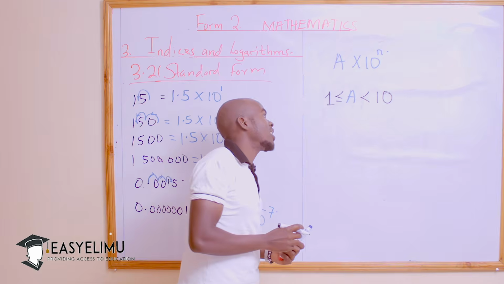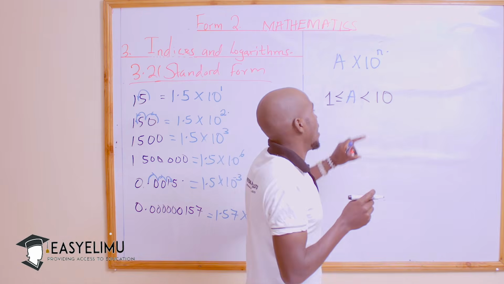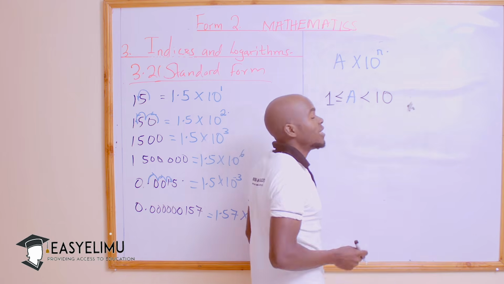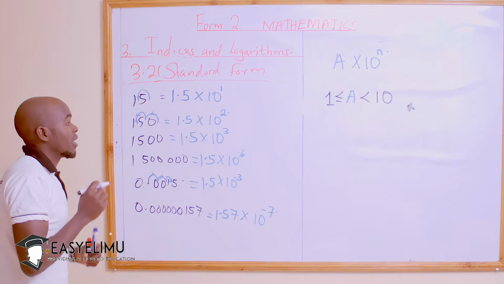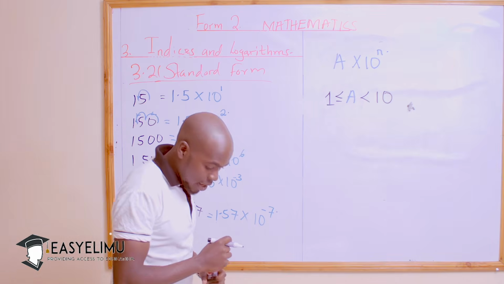So that means it can be 1 up to 9, but it's less than 10. And n here is an integer, meaning n is the power to which 10 should be raised. So that is how we can write a number in standard form.